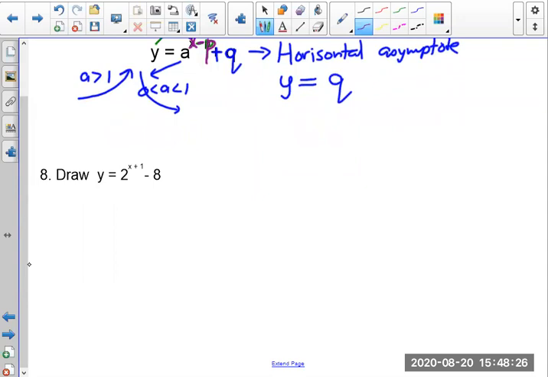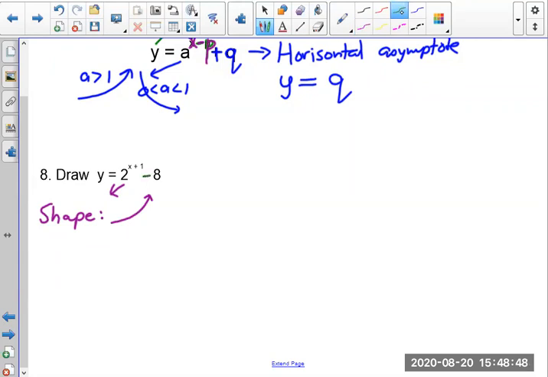So if we take an example, draw y equals 2 to the x plus 1 minus 8. So that 2 gives you the shape. And because 2 is bigger than 1, it will be the increasing function. What does this minus 8 tell me?